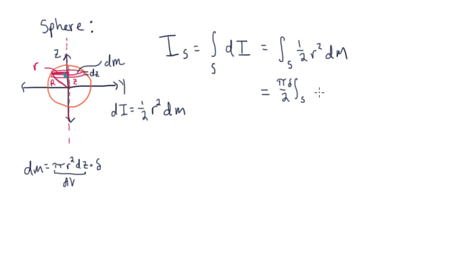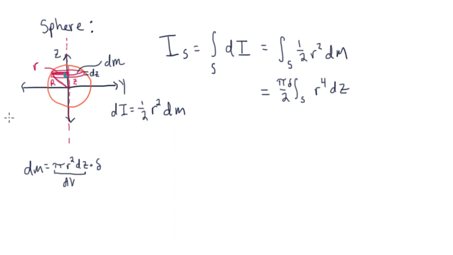And then what do I have? I basically have r to the 4th dz. Well, this is a problem, right? Because my integrand is a function of r, and I'm integrating with respect to z. So what do I do? Well, now you see why I drew this triangle. This triangle is giving me a relationship between r and z.